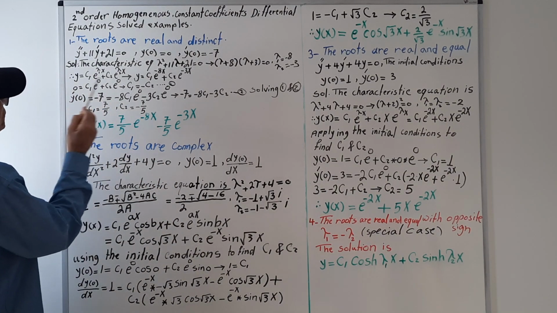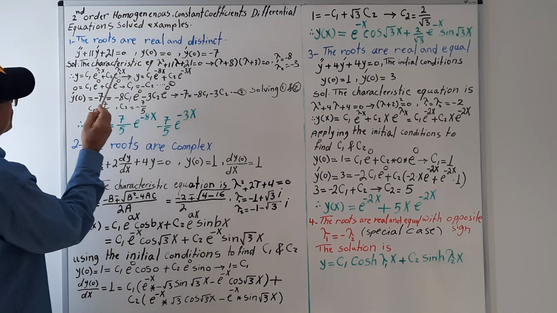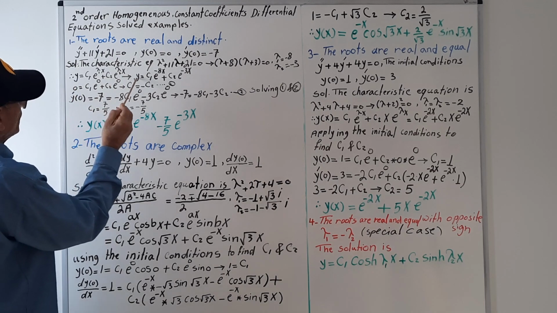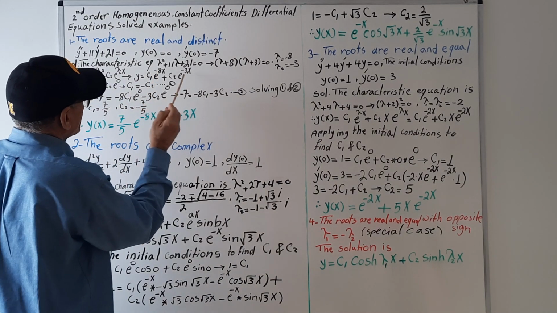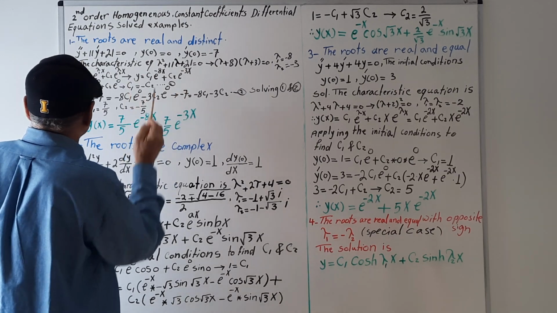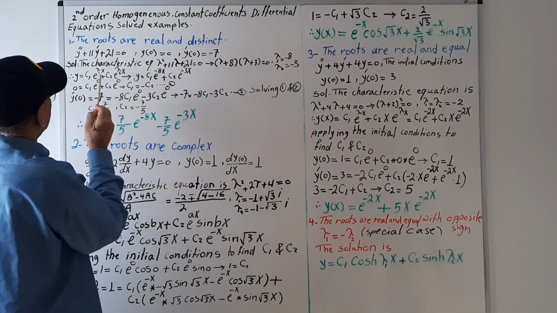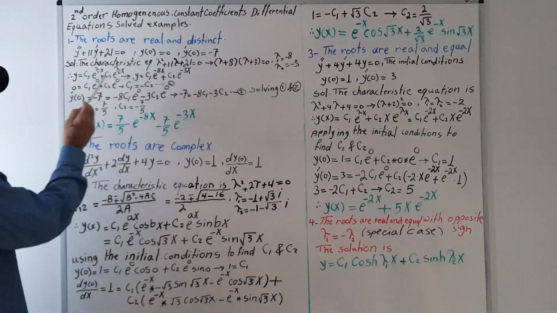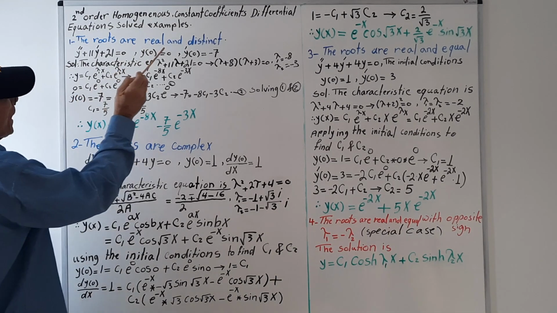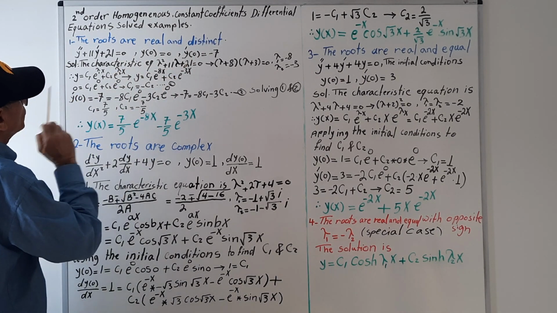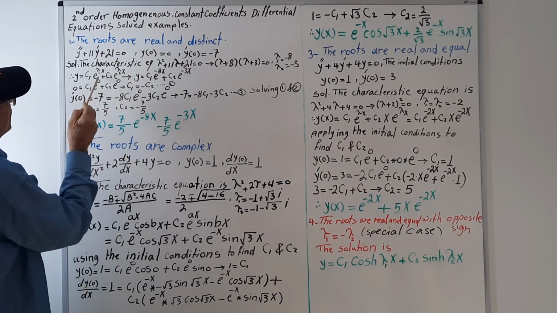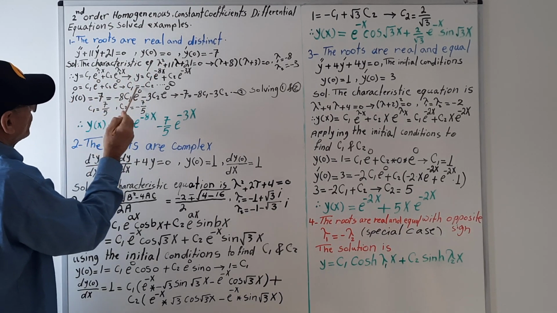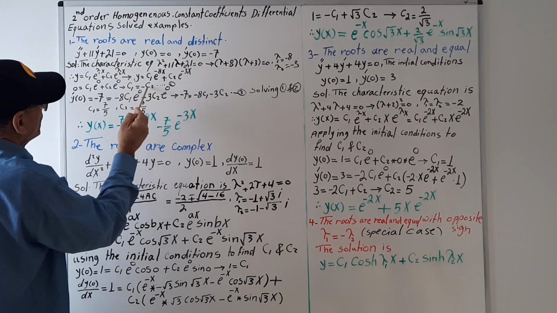So here is our solution. We insert minus 8 and minus 3. How to find the constants C1 and C2? We apply our initial condition, which is y at x equals 0, so every x we put 0, so we get C1 minus C2.